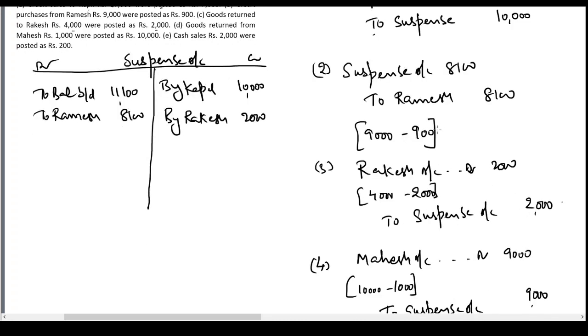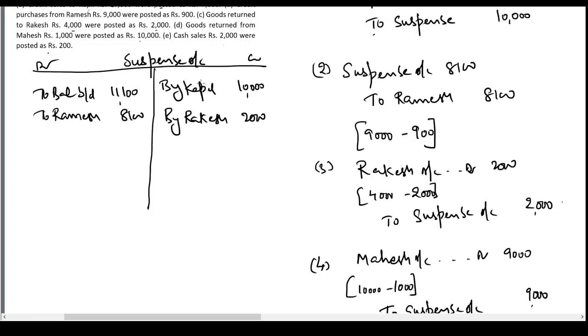Next, cash sales of 2,000 were posted as rupees 200. Now if you read this transaction as well, it says there is an error in posting. There is no error in the recording part. Even in the earlier transaction, there was no error in recording the transaction in the sales returns book. That means the correct amount was recorded in the sales return book and the correct entry was posted in the sales returns ledger account as well. Here it says cash sales of rupees 2,000 were posted as rupees 200. So cash sales, you record in the cash book on the receipt side. 2,000 rupees has been properly recorded, but when it is posted to the sales account, instead of posting 2,000 in the sales account, we have credited only 200 rupees.